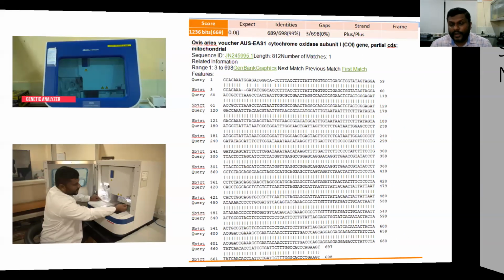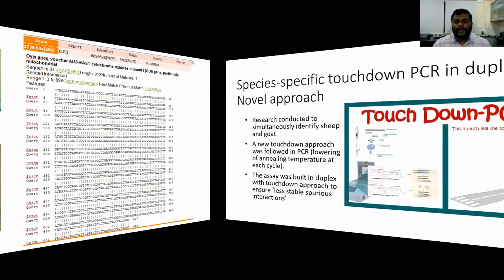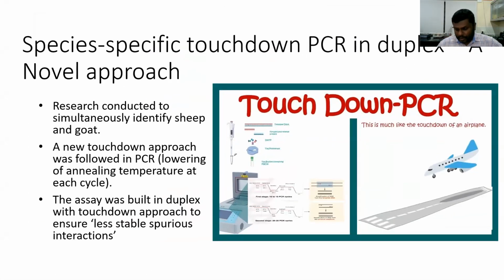Very lately, considering the requirement of sheep and goat meat species differentiation, our laboratory has developed a duplex PCR for the simultaneous detection of sheep and goat. A duplex PCR is nothing but targeting two targets at a time. You will have a common forward primer that is specific to both sheep and goat.